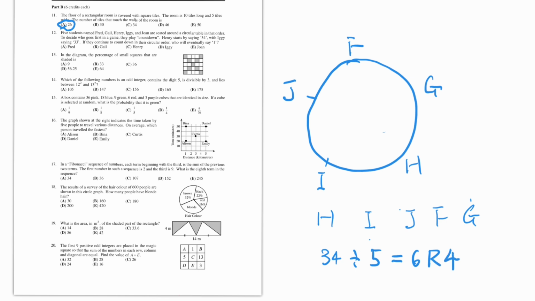So remainder 1 is H, remainder 2, remainder 3, and remainder 4. Remainder 4, that's the last, is the 1. So here is Fred who says 1. So the answer is A.